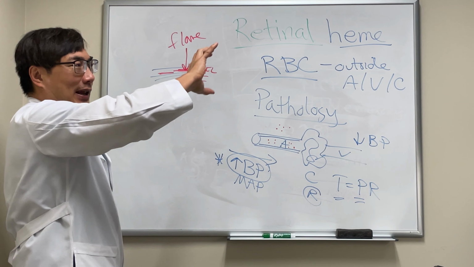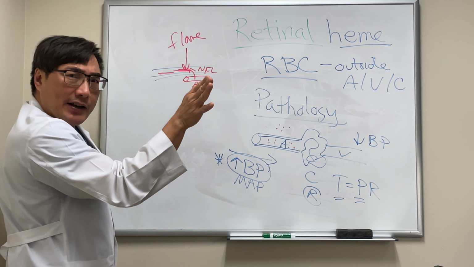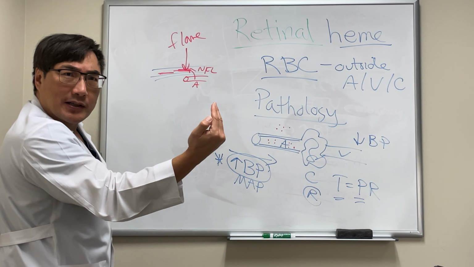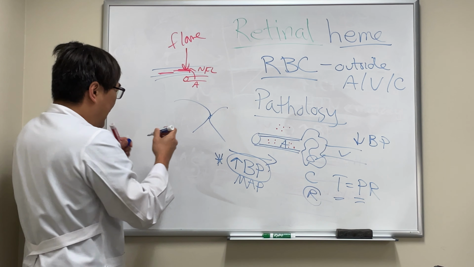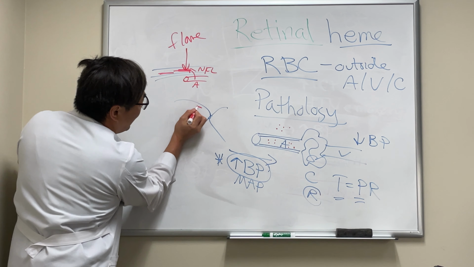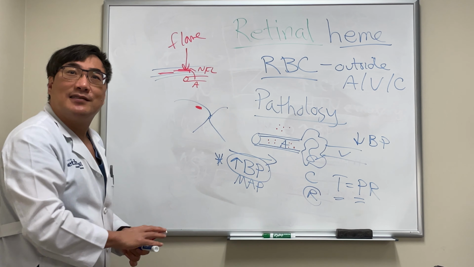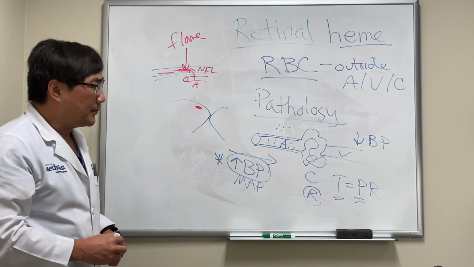The nerve fiber layer tracks to the nerve, and so hemorrhages in that layer look like flat little flames when we look in the fundus. So when we see flame hemorrhage on fundus examination, that hemorrhage came from that superficial vessel under the nerve fiber layer, and that's a super common hypertensive type finding.